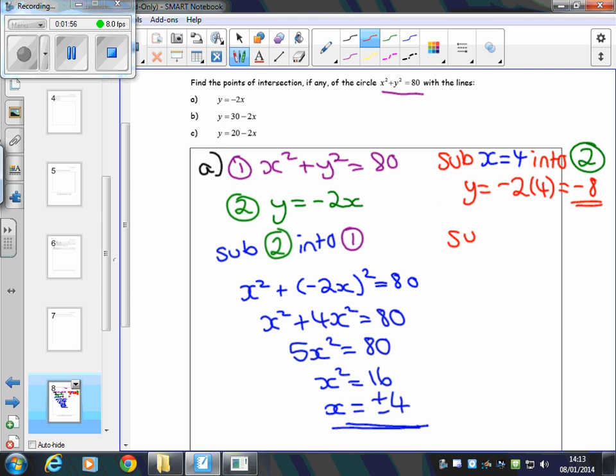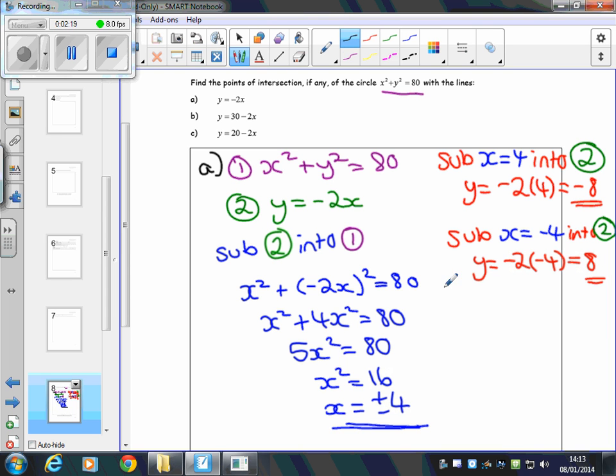And then substituting x equals minus 4 into equation 2 again, this gives me y equals minus 2 times minus 4, which will give me positive 8.